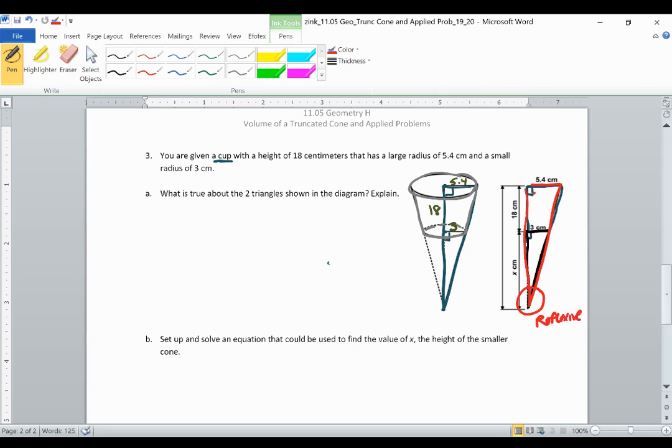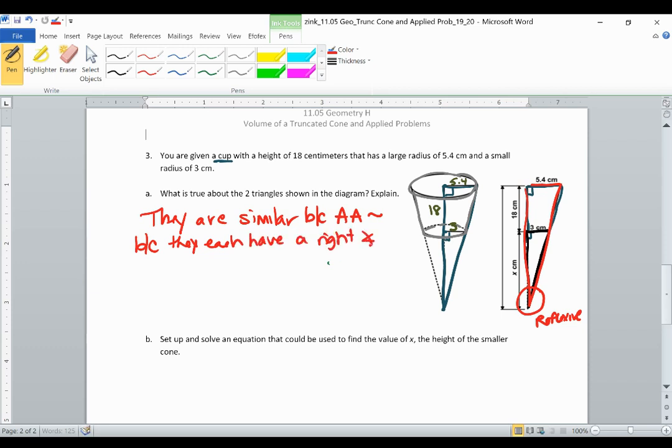If they each have a right angle, and they share an angle, then these two triangles are similar because of angle-angle similarity. Again, because they each have one right angle, since it's a right cone, and they share an angle as well.